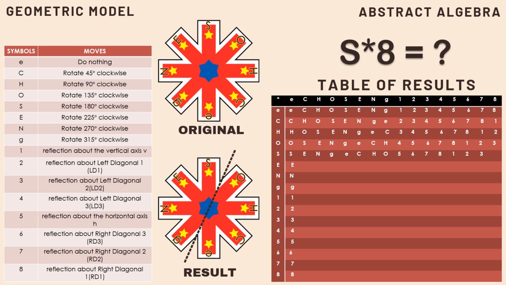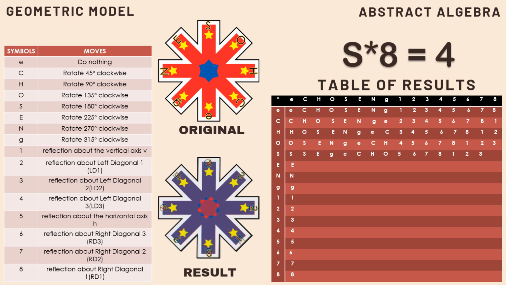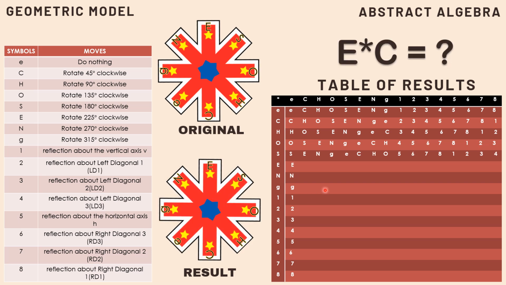S star 8 is 4. Next, we have the sixth row.